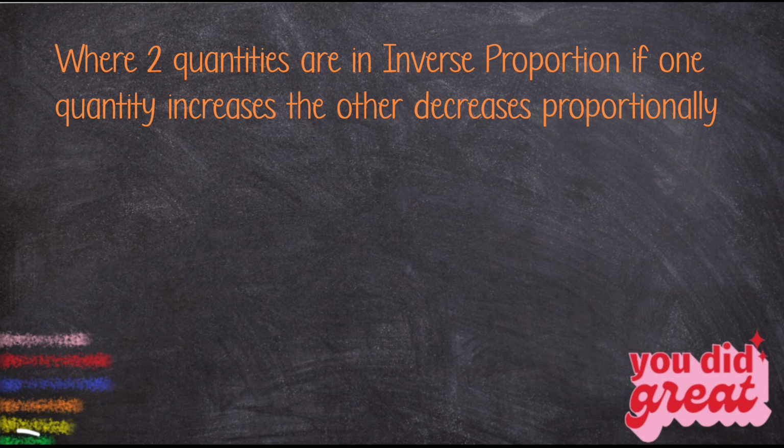What does that mean? I'll take a small, simple example. Let's take riding a car. If I increase the speed, what will happen to the time? Will it increase or decrease? You think. If I'm increasing the speed, does the time increase or decrease?